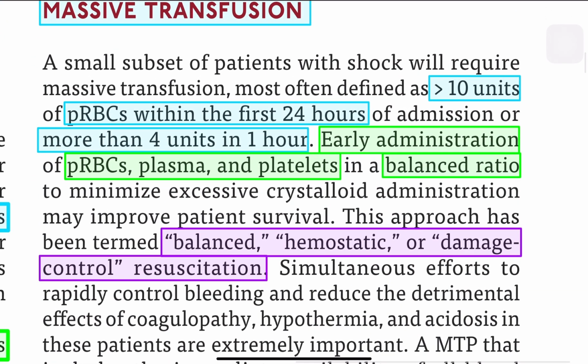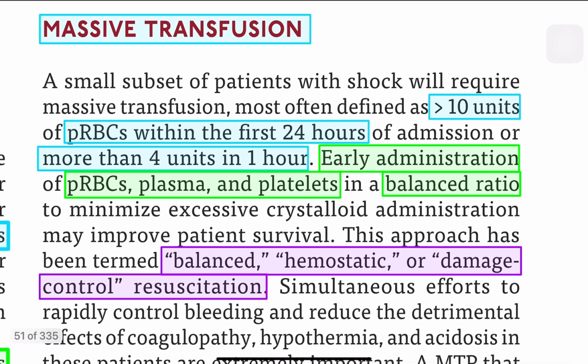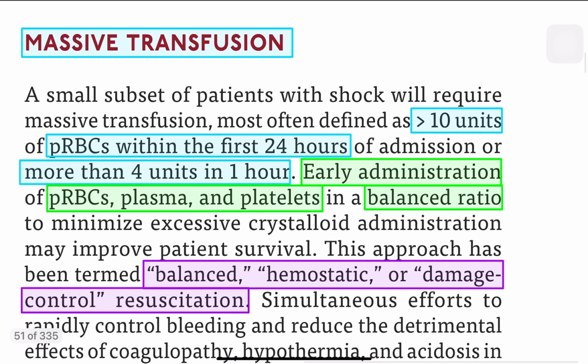What is massive transfusion? More than 10 units of PRBC within the first 24 hours of admission, or more than 4 units in 1 hour. So in massive transfusion we have 1, 4 and 10: in 1 hour 4 units, in 1 day 10 units, more than 10 units.